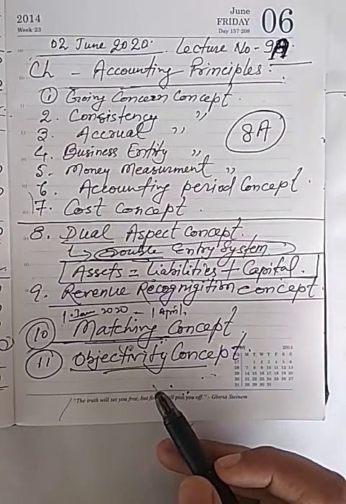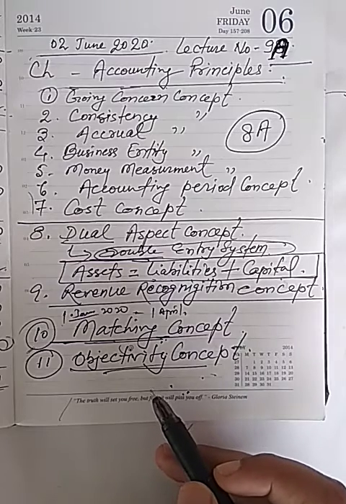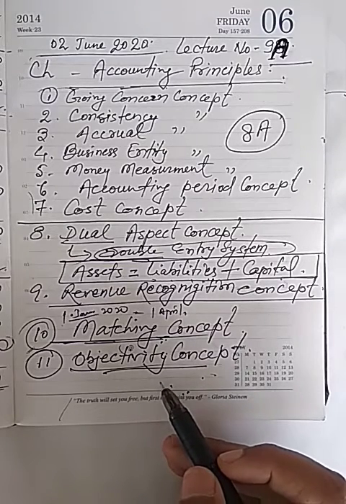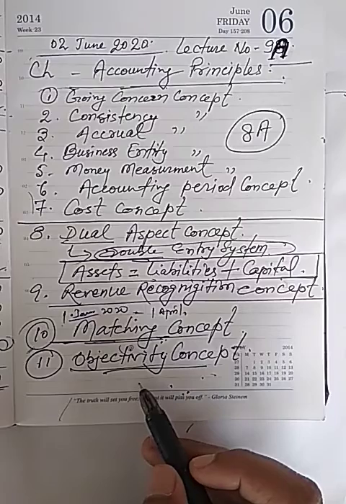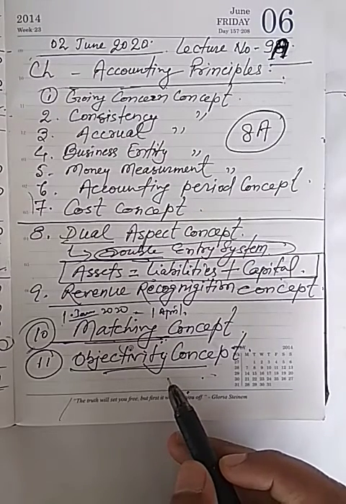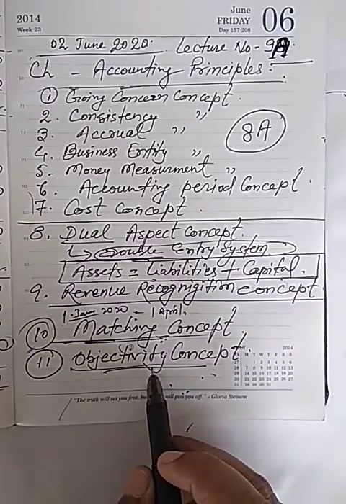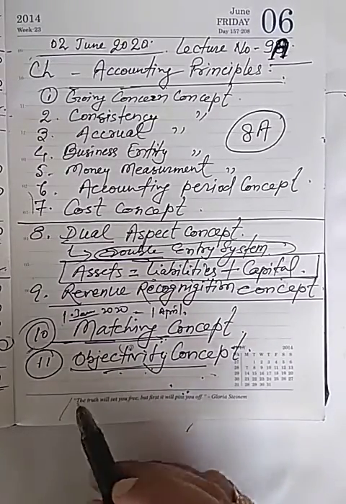The cash receipt or invoice becomes the documentary evidence of the transaction and provides an objective basis for verifying the transaction.